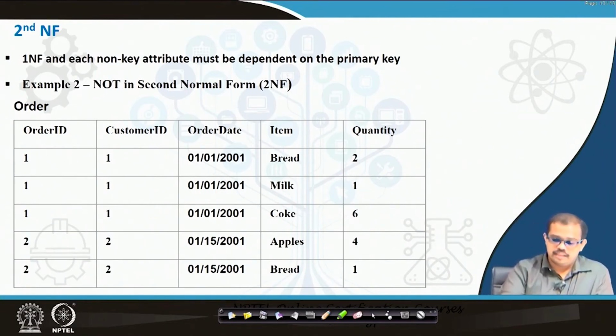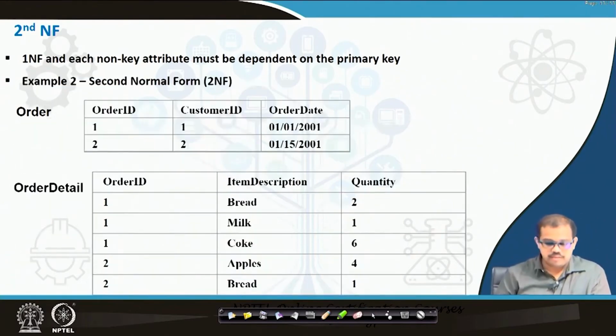Bread is not completely dependent on the primary key here, because it is determined by the quantity, and also by the order ID. So, if I consider order ID as a primary key in this case, I break up into two different tables.